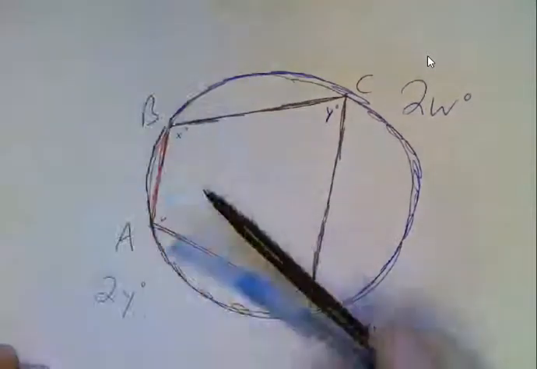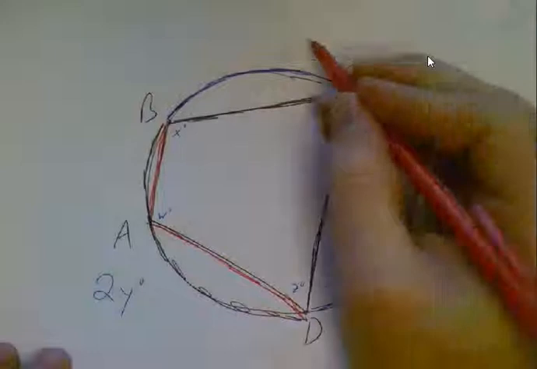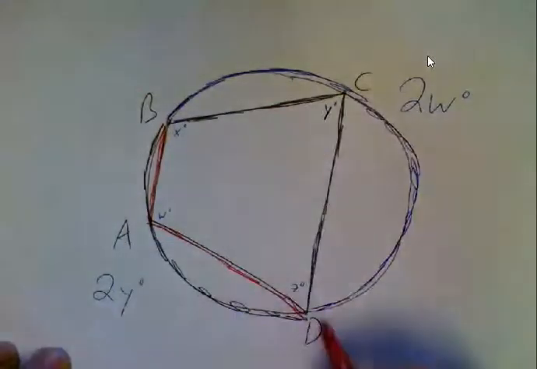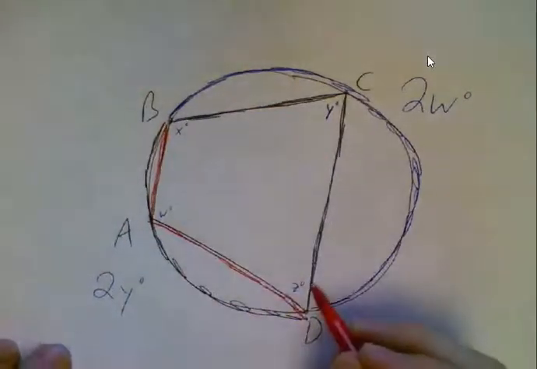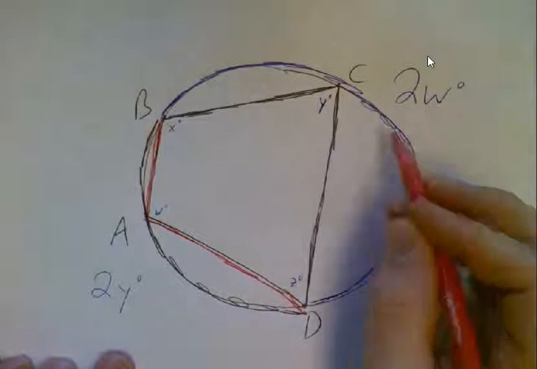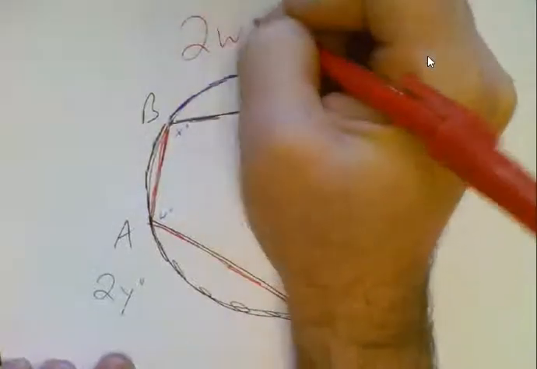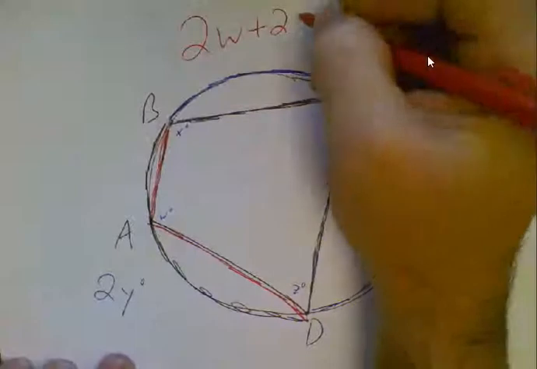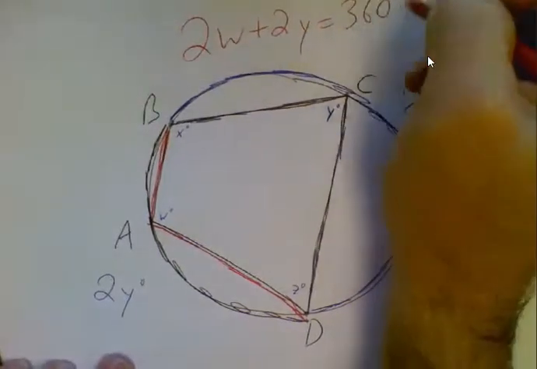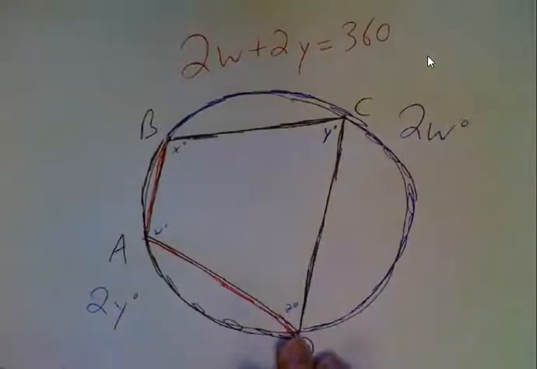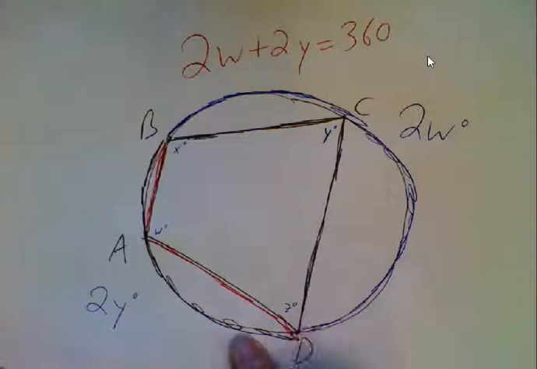Now here's the connection. This entire circle is 360 degrees. So the 2W and the 2Y, which make up the entire circle, must equal 360 degrees. 2W takes care of this, 2Y takes care of this.